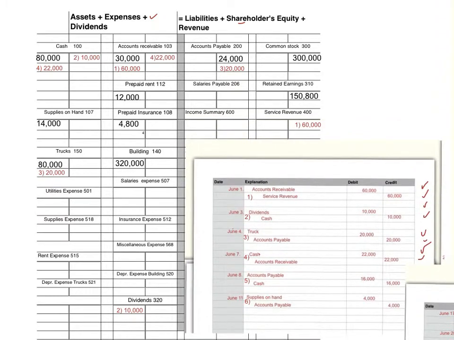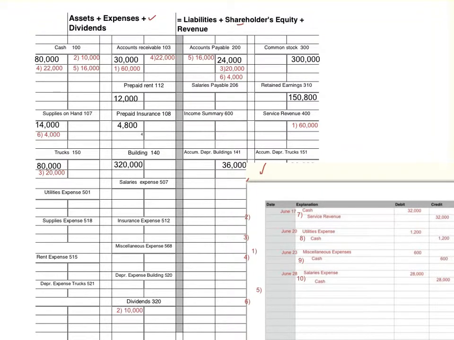Now I have a debit to accounts payable and a credit to cash. Accounts payable debit 16,000 and cash credit 16,000. On the 11th, debit supplies on hand 4,000 and credit accounts payable 4,000.